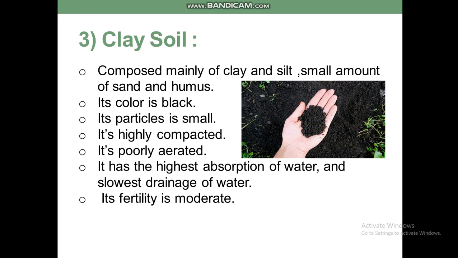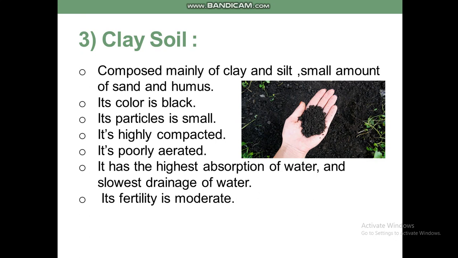It's poorly aerated, which means the amount of air inside it is poor or small. It has the highest absorption of water. Due to the little amount of air, it needs a large amount of water.